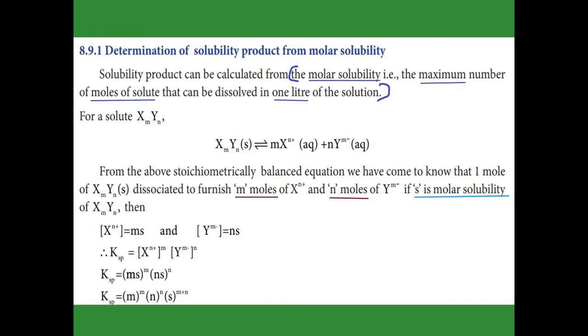What does m mean? That is m moles of X, and n is n moles of Y. So that is why we write it like that. Then taking m and n out, we get S to the power of m plus n. This is the solubility product in terms of molar solubility.